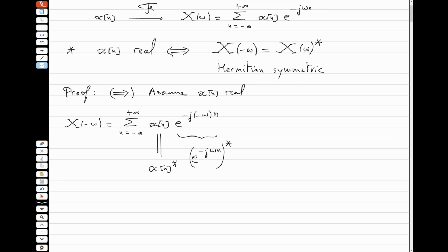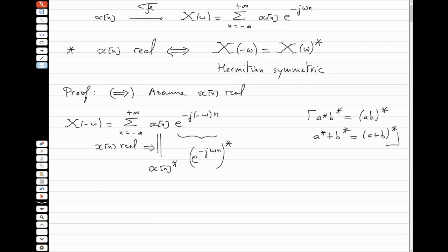Can I write this? Why can I write this? Because it's real. Yes. All right, now we have this. Again, A conjugate times B conjugate is AB conjugate. A conjugate plus B conjugate equals A plus B conjugate.